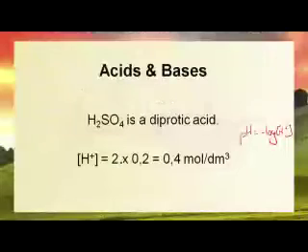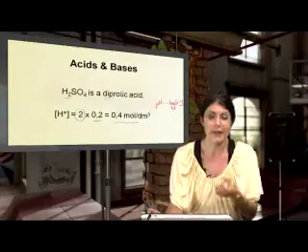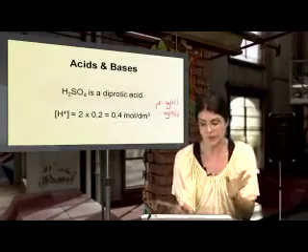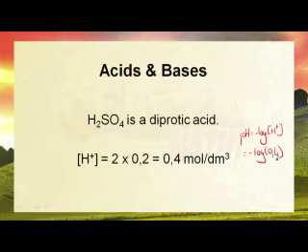So because there are 2 hydrogen ions involved, we multiply that with the concentration to give 0.4, and whenever something has 2 hydrogen ions, we call it diprotic. Needless to say, if it had 3, we would call it triprotic, etc. So all that we're going to do from there onwards is take that 0.4 and punch it back into my formula, and from there we will be able to find our specific pH value.